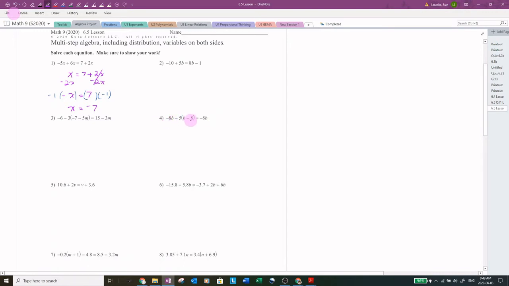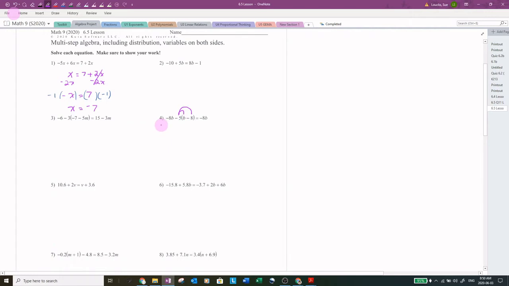So I've got something I need to distribute here. I want to remind you that you cannot get rid of this 5 here, or this negative 5, however you want to look at it, until you get rid of the negative 8b, because you can't divide by negative 5 because you have to divide everything by negative 5. But instead, it makes more sense looking at it this way to distribute it. So that's what I'm going to do.